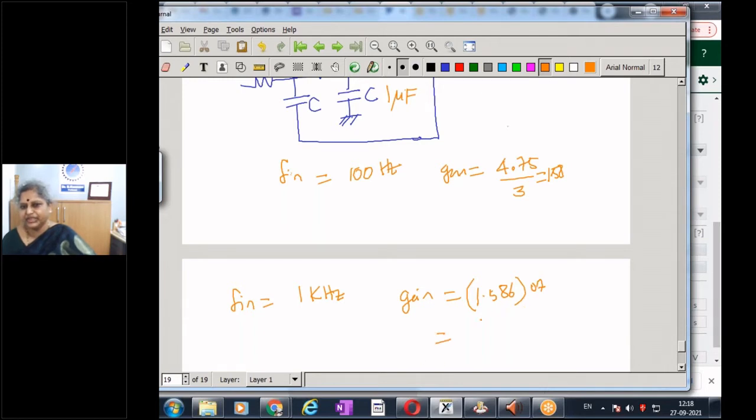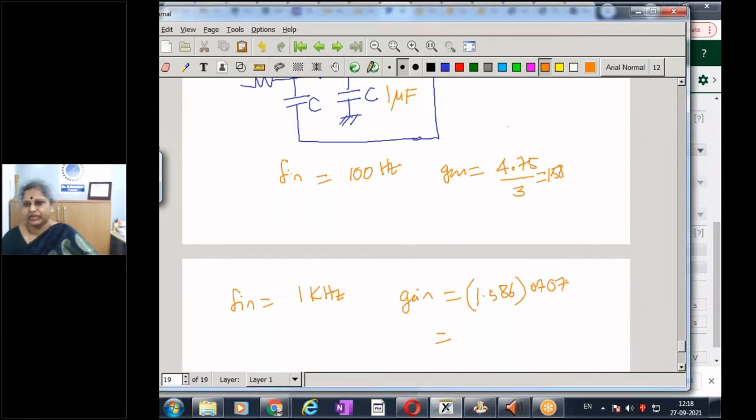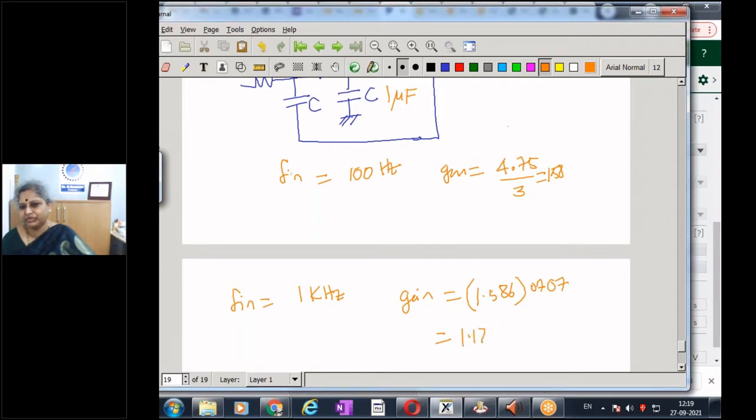So what is the value we get? 1.586 into 0.707. How much is that? Shashank says it's 1.12.